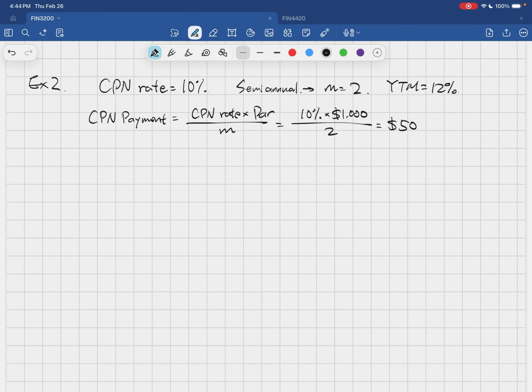And the N that we'll use in the calculations is number of years times M. So we have a 7-year bond, and M is 2. So we'll have 14 6-month periods.